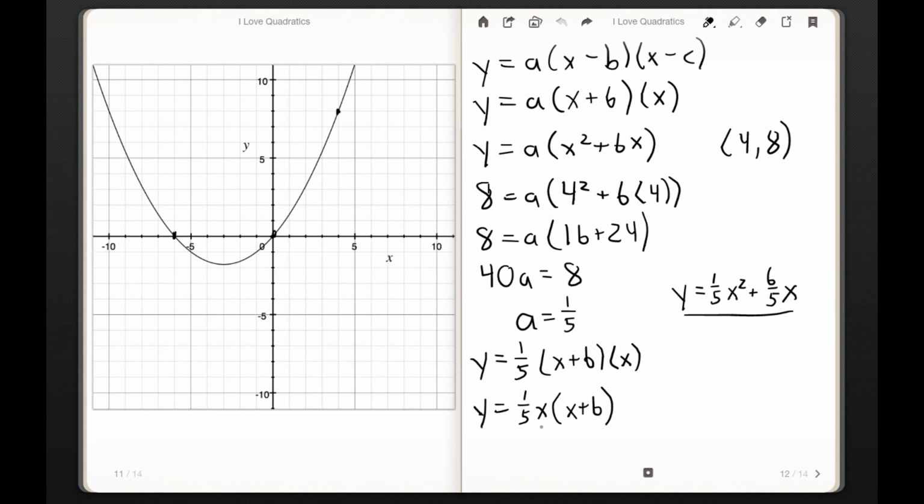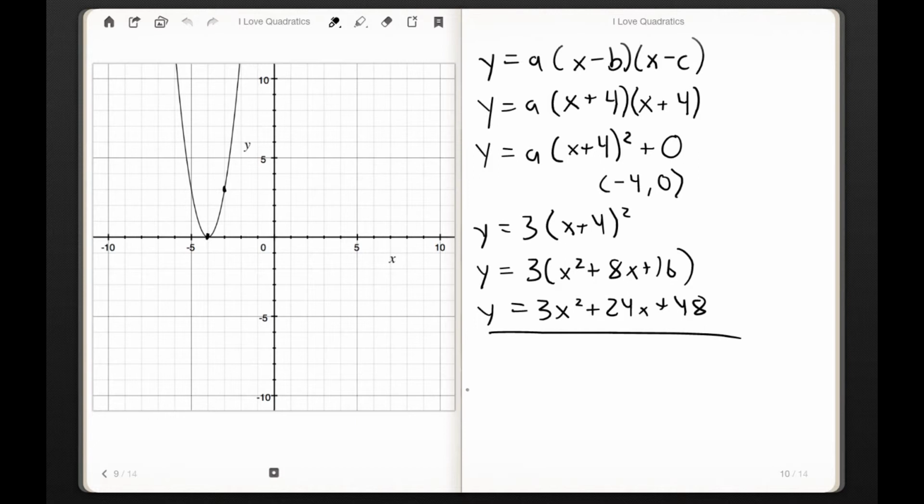This is the root form, because we have roots 0 and -6. This was the one. This one right here is vertex form and root form. We can see that the root is -4. It's a duplicate root. And we also see the vertex is -4, 0, because there's no c.